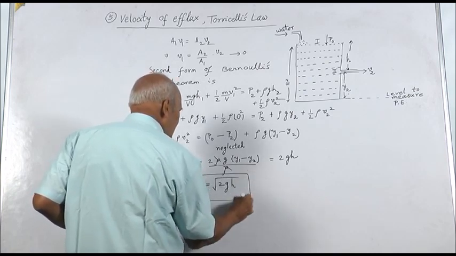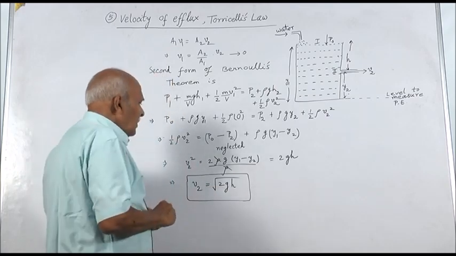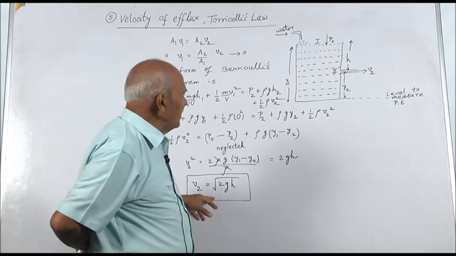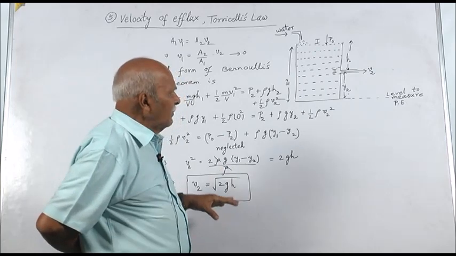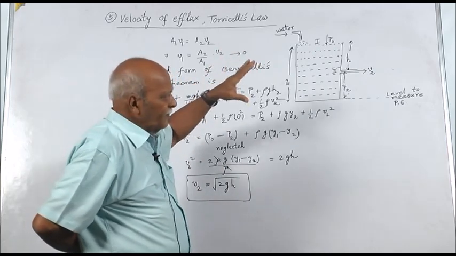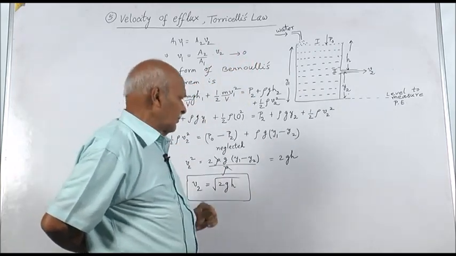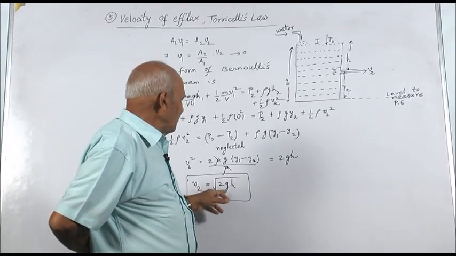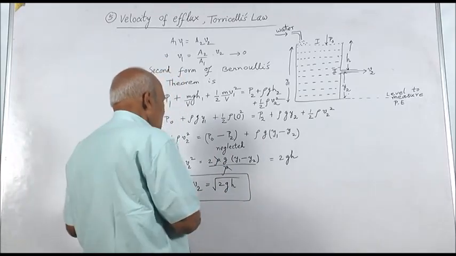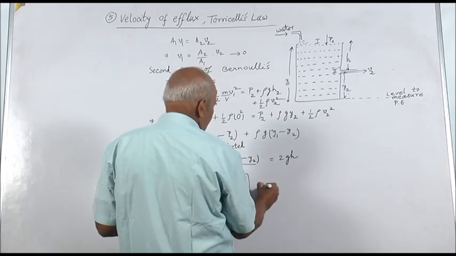This is just the formula for the velocity with which a body dropped from a height h reaches the bottom.